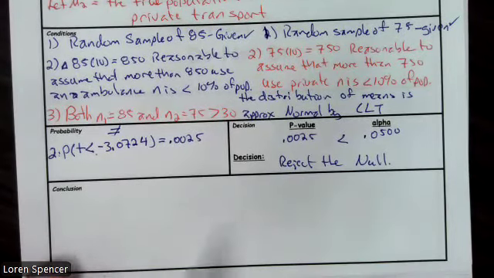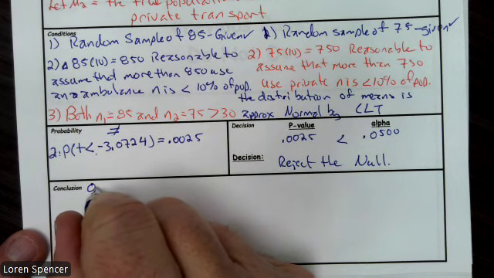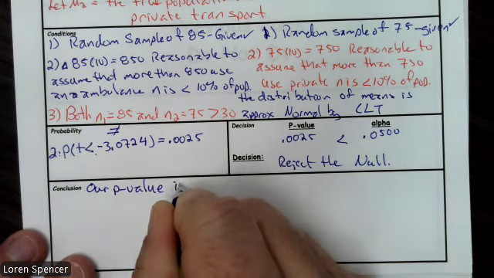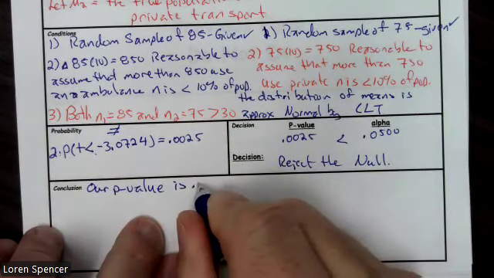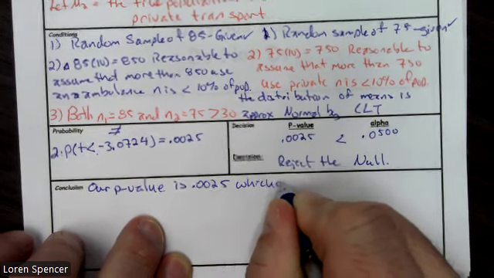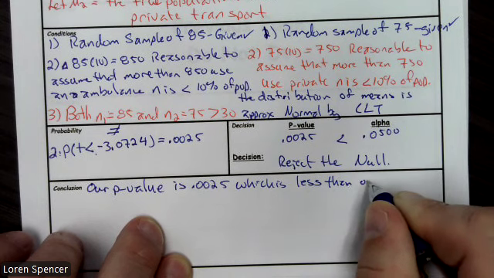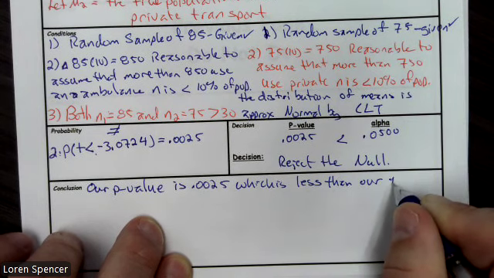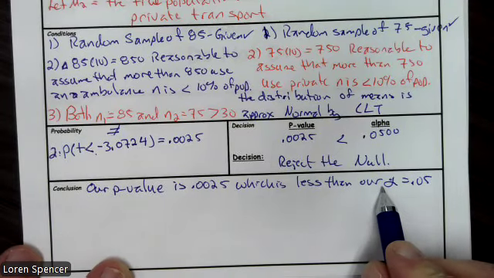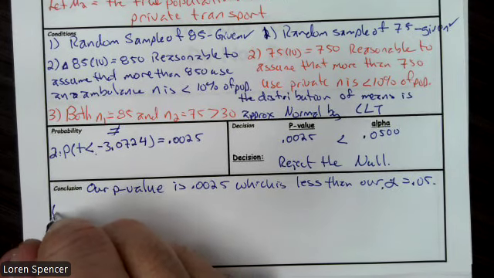All right, so what are we going to say? Our p-value is 0.0025, which is less than our alpha equal to 0.05. And by the way, you can write it out in words if you prefer. What's our decision?